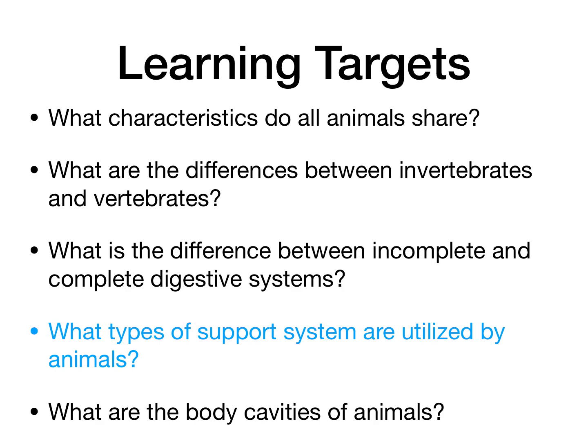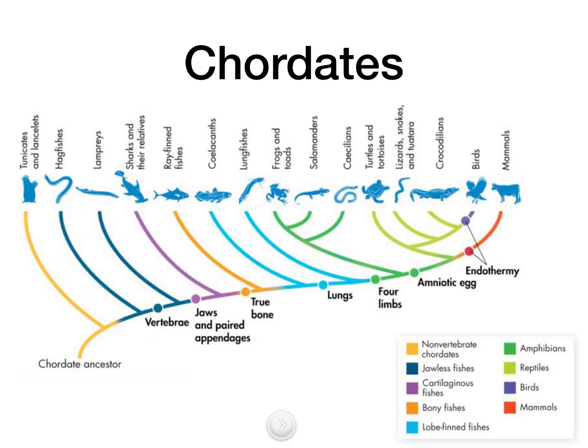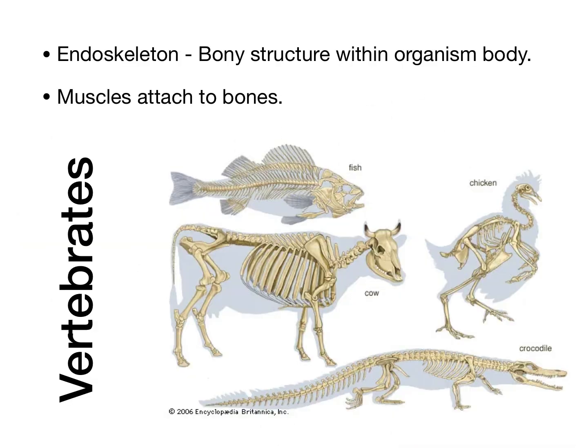The next learning target, support systems. I've mentioned some of this already, and this really comes into play when we take a look at chordates, right? And many chordates, not all, but many are vertebrates, where they have an endoskeleton. And you can see in this image, these animals all have bones within. It counts as an endoskeleton for fish that have a cartilaginous skeleton. And the purpose of that endoskeleton is that muscles attached to those bones really aids in movement.